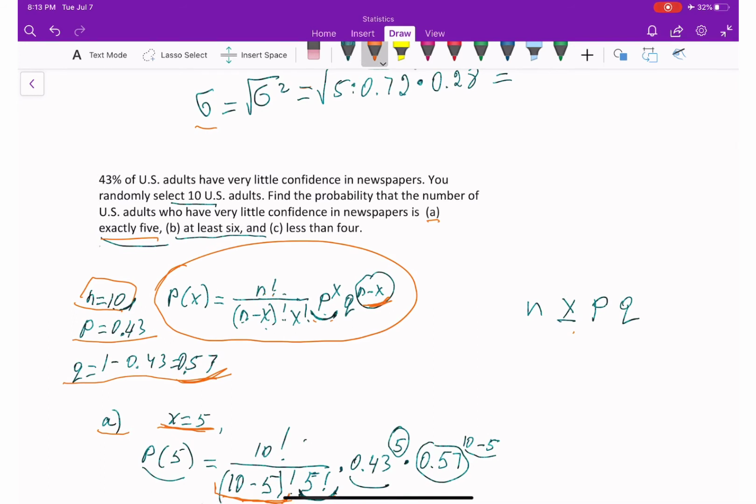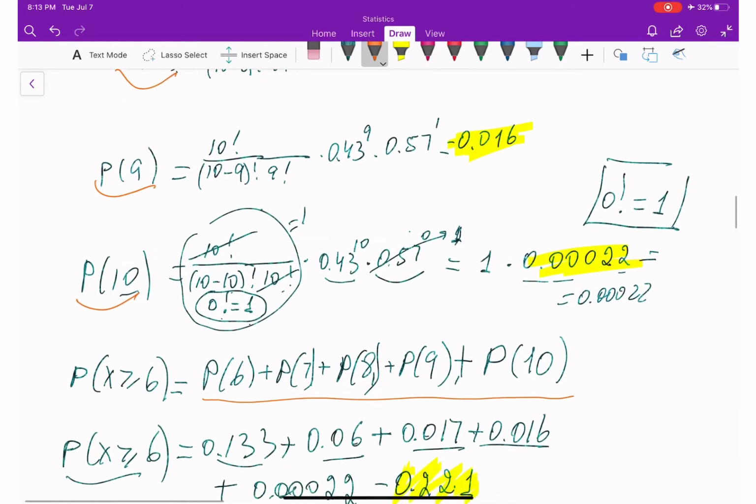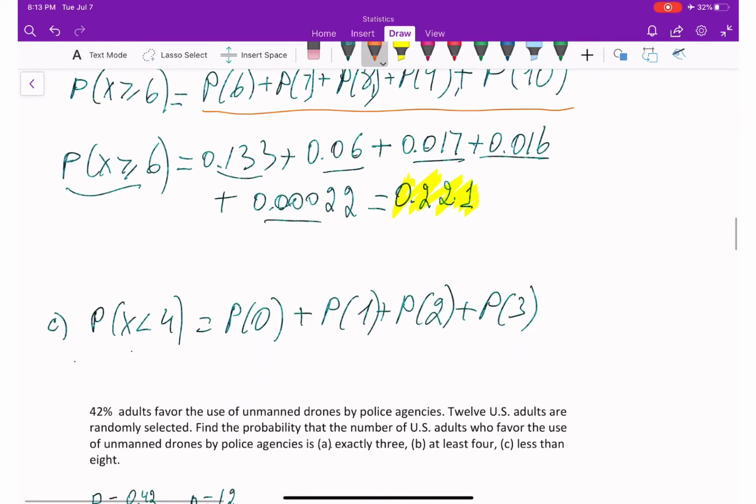Question C: find the probability that the number of US adults who have very little confidence in newspapers is less than 4. That's x less than 4. Less than 4 means 4 is not included.